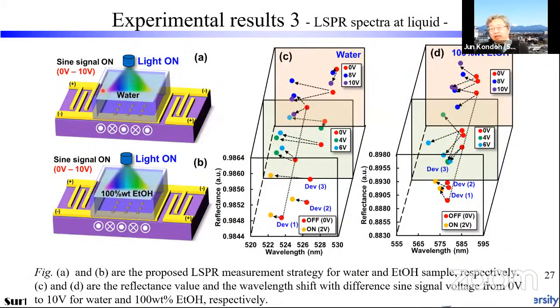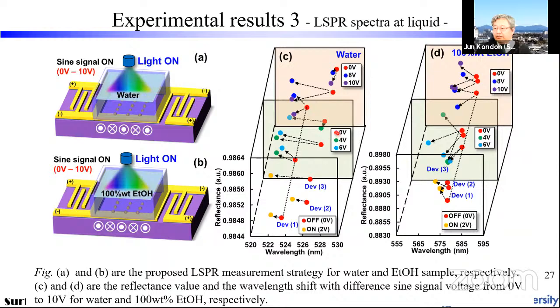Also, we checked the sensor characteristics of the LSPR with and without SHO. And this figure shows the change of the peak wavelength and reflectance at water or 100% ethanol.